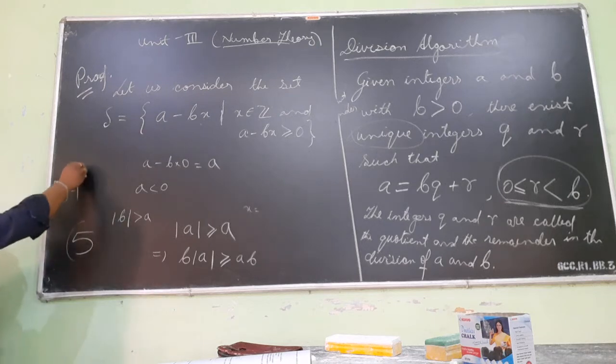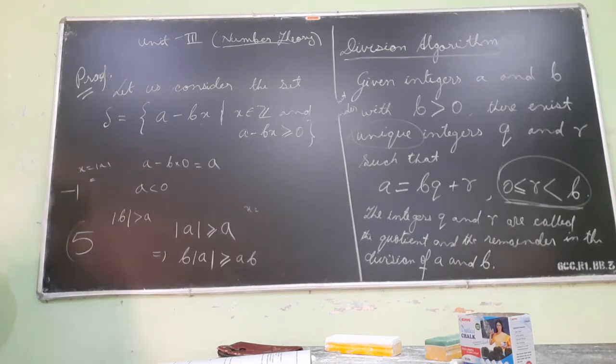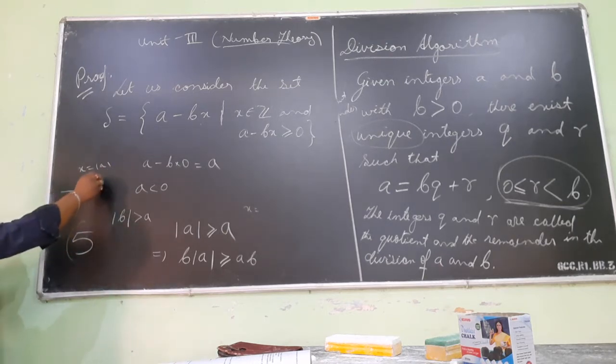If A is negative, then x is mod A. So what will be the value of mod A for negative A? For a negative value of A, what is the value of mod A? It is minus A.